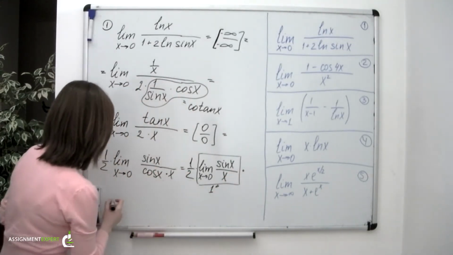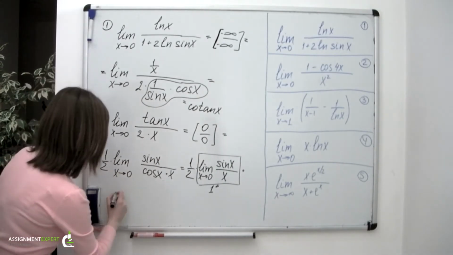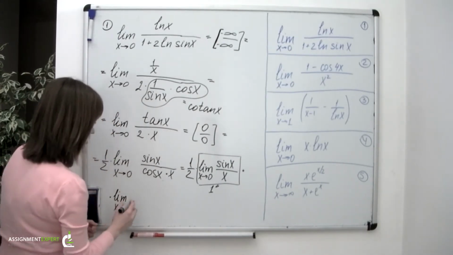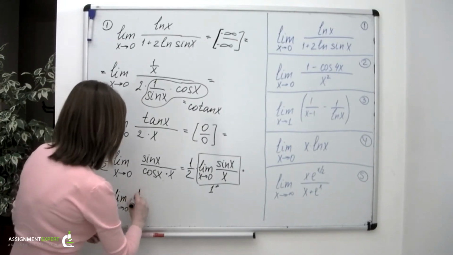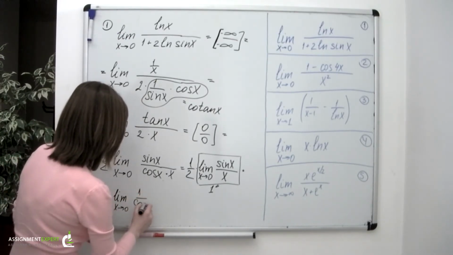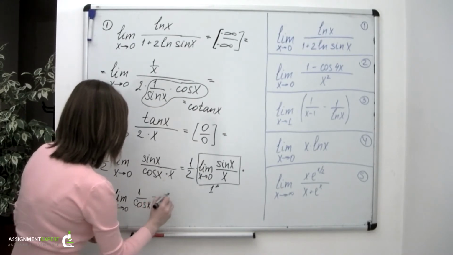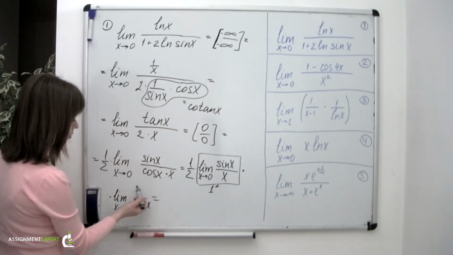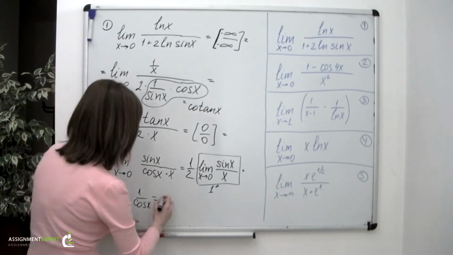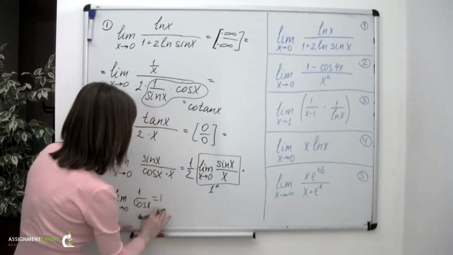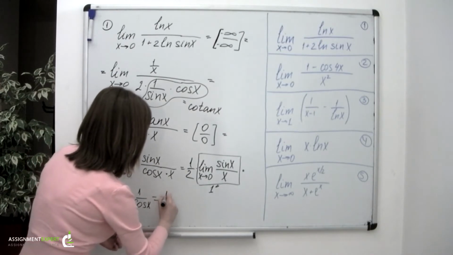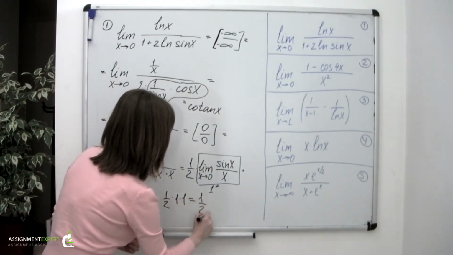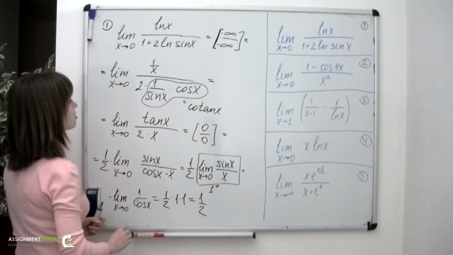And we still have this other limit as x approaches 0 of 1 over cosine of x. So if we plug in 0, we obtain 1 over 1, which is 1. So this leaves us with 1 half times 1 and times 1, which is equal to 1 half. So 1 half is our answer to the first problem.